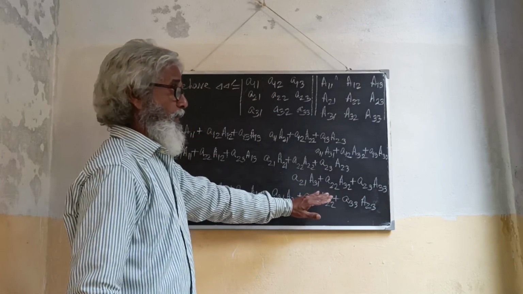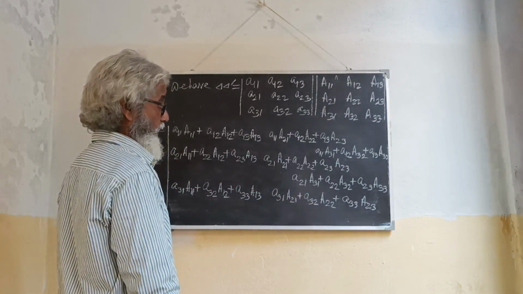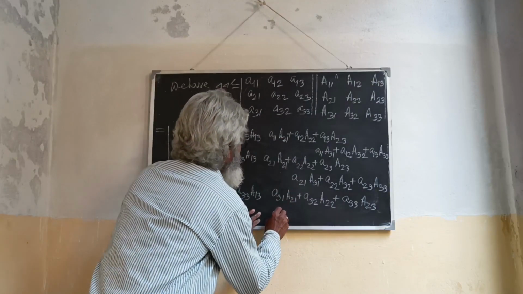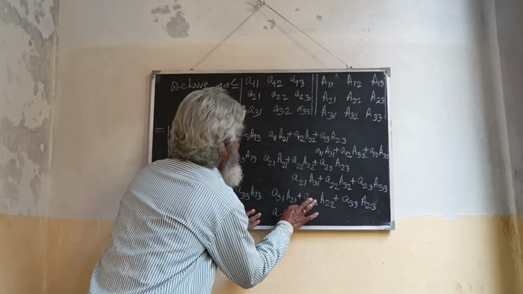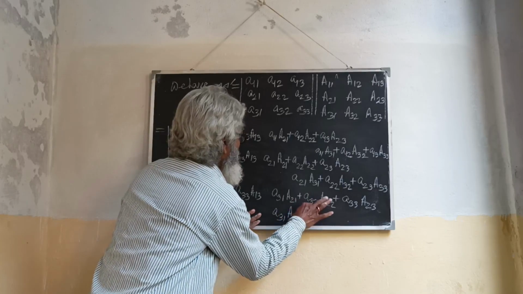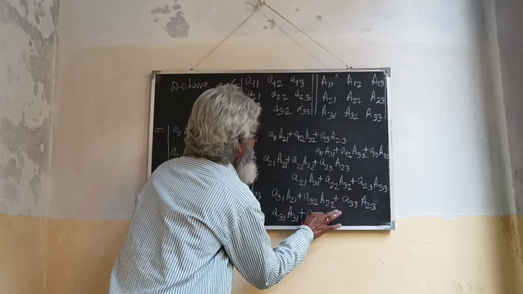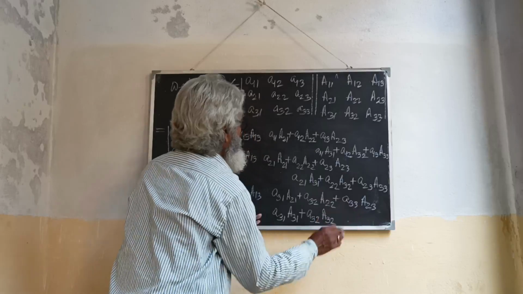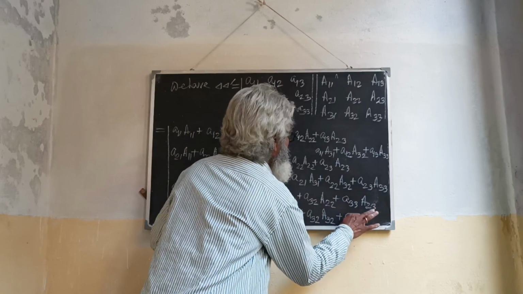This is the second element of third row. Now we write the third element of third row: A31 A31 plus A32 A32 plus A33 A33.